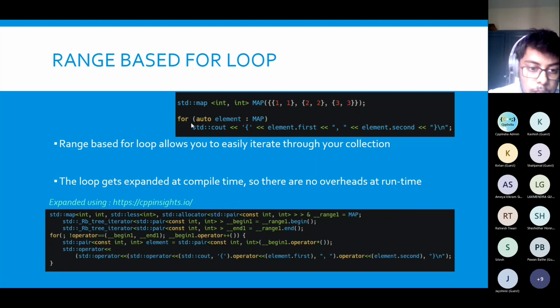Very straightforward. And I tried to expand this code, to see how the compiler sees it after expanding it in some of the phases during compilation. There is a nice website, CppInsights.io, that will show you how the compiler sees your code during the expansion phase.